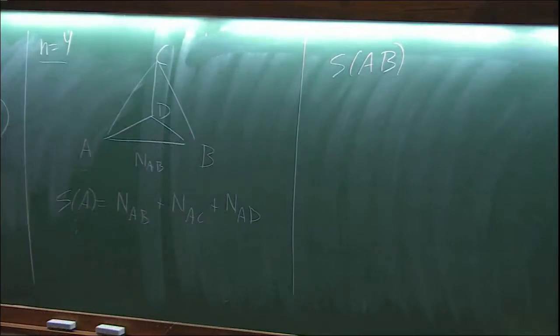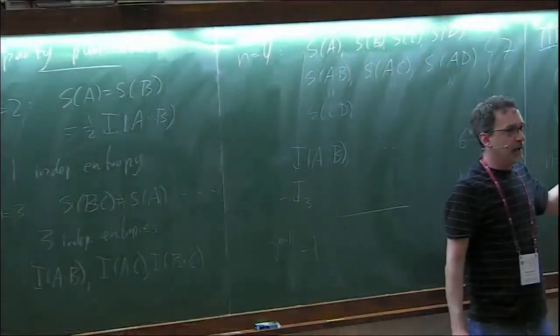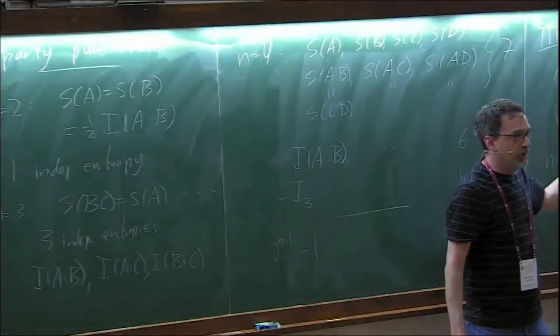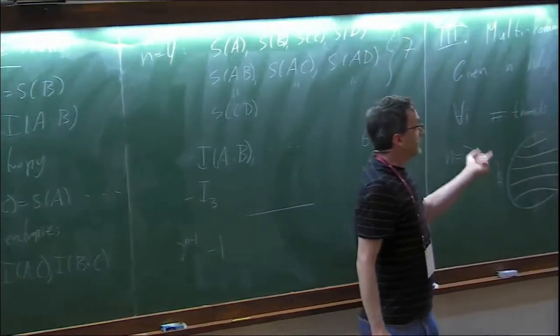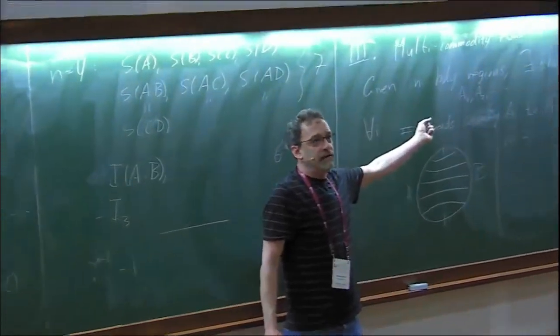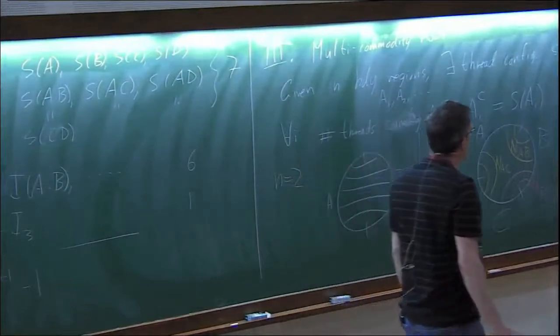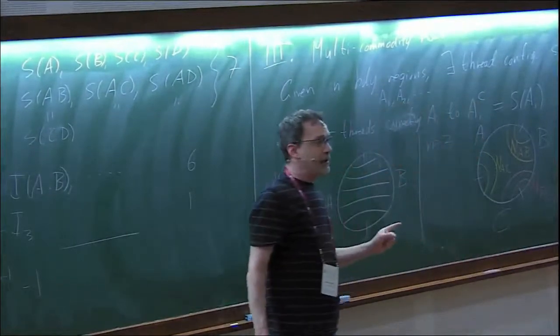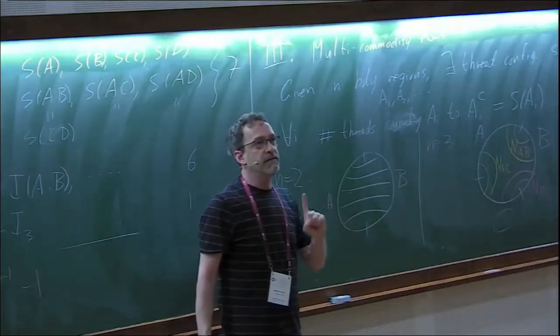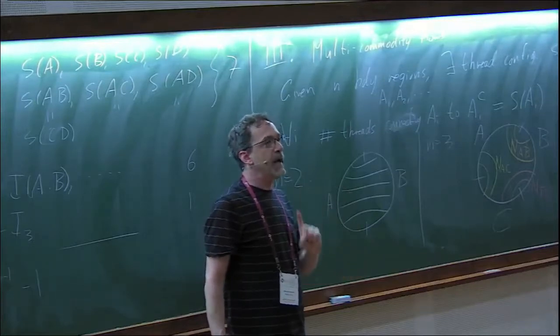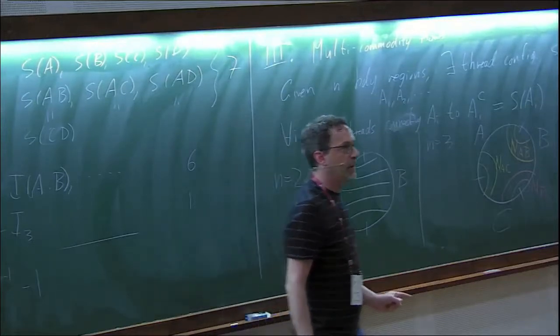Well, we go back to this theorem, and it doesn't mention two-party things. It only mentions the one-party things. This thread configuration doesn't tell us S of AB. So you might think you're stuck, but it tells you something about S of AB because it's a valid thread configuration, so it bounds S of AB below.